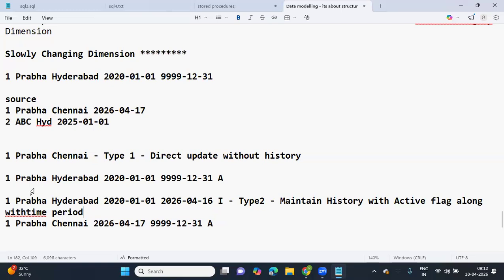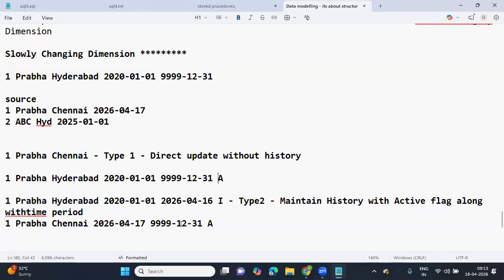This is type 2. So in real-time projects, people extensively use type 2. Everywhere you will see the type 2 dimension. Very rarely type 1 is also used, but most of the times it would be type 2 dimension, because they want to know history.